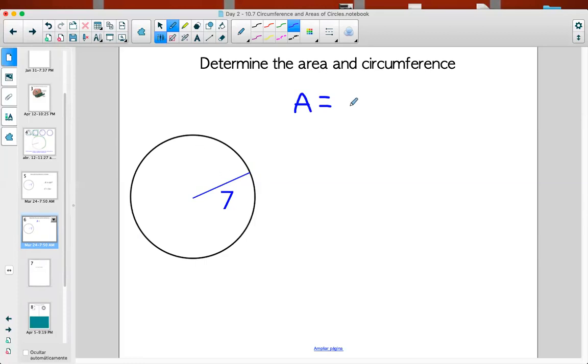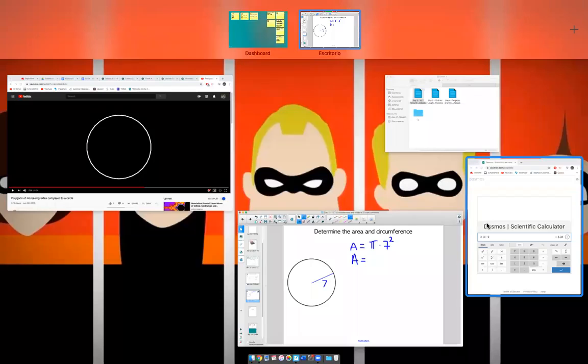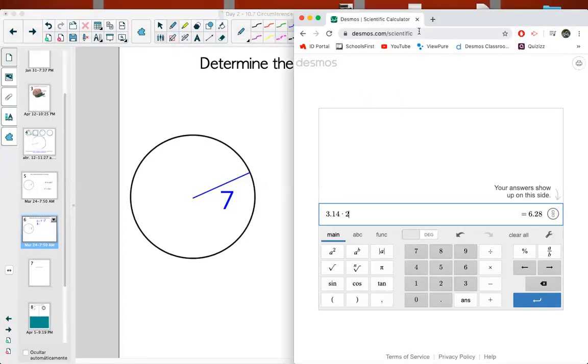And that formula is pi, which is 3.14, but we're going to use pi to be exact, times the radius squared, and we're only squaring the radius. So the area, feel free to use a calculator or Desmos scientific calculator. So that would be 7 squared, and then it's 49.